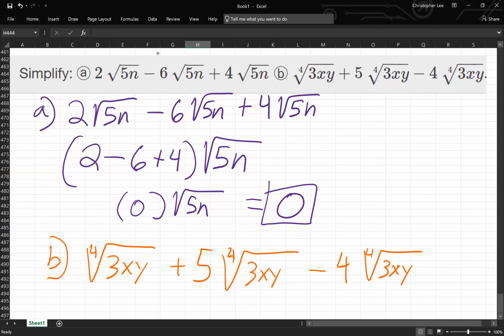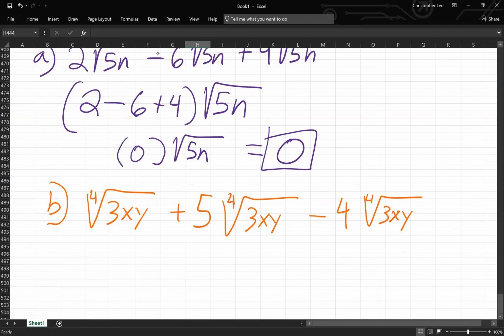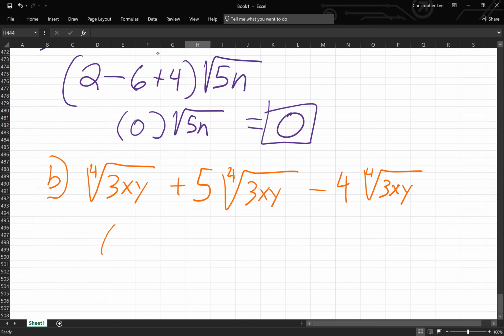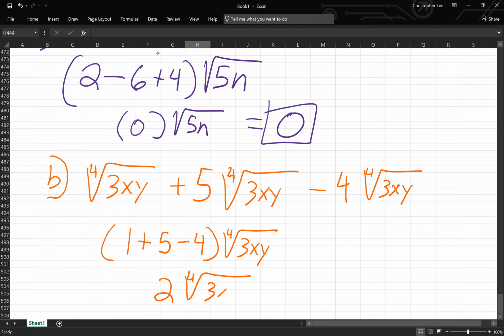They have the same radicand. So I'm just dealing with the coefficient, the numbers that are in front. So what does this become? This becomes 1 plus 5 minus 4 times the fourth root of 3xy. Now, 1 plus 5 is 6, and 6 minus 4, what's that, 2? So my answer is 2, fourth root, 3xy. And that's it.